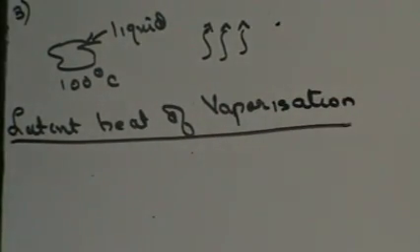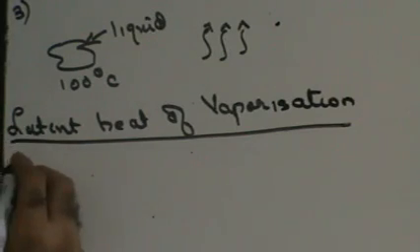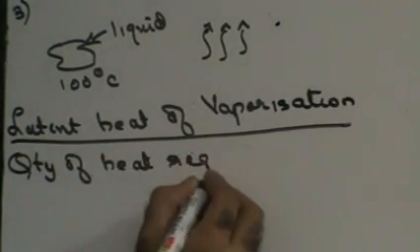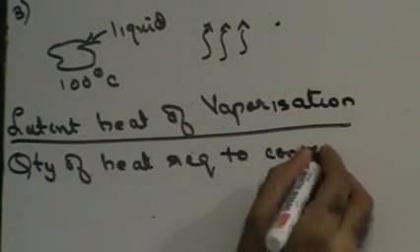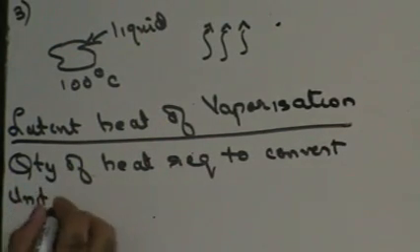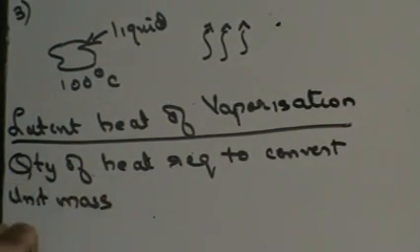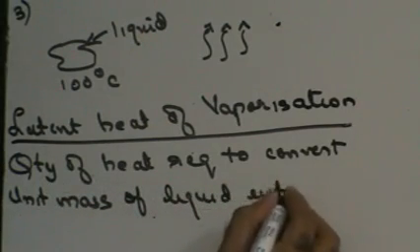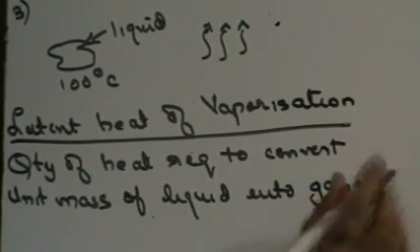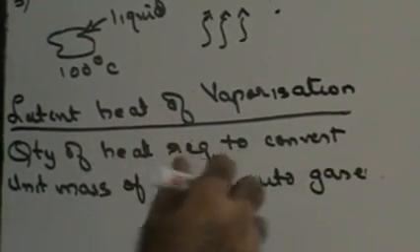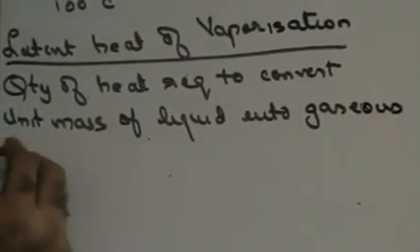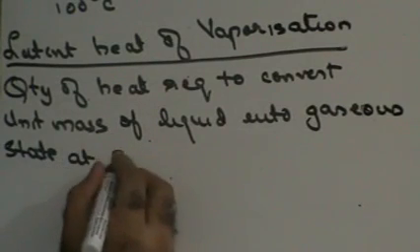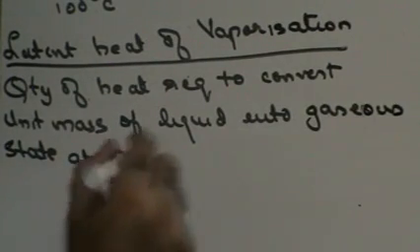Latent heat of vaporization is the quantity of heat required to convert unit mass of liquid into gaseous state at boiling point without change in temperature.